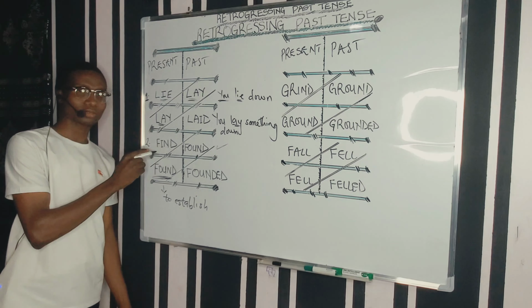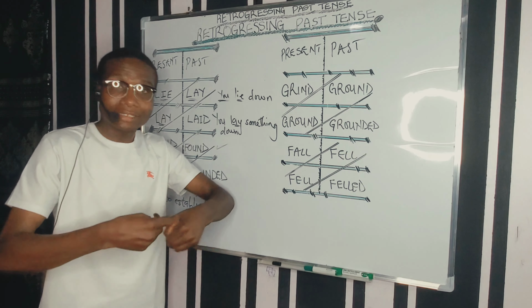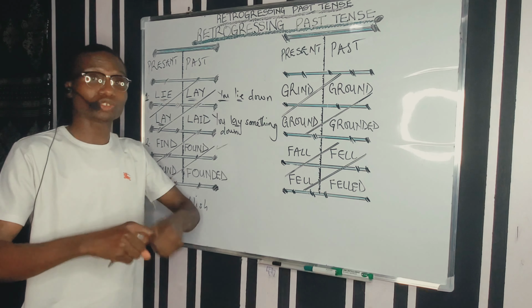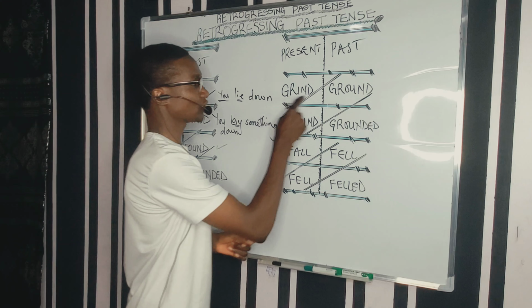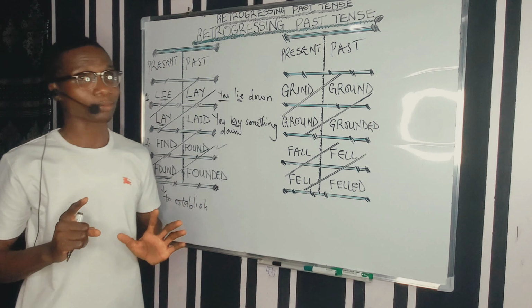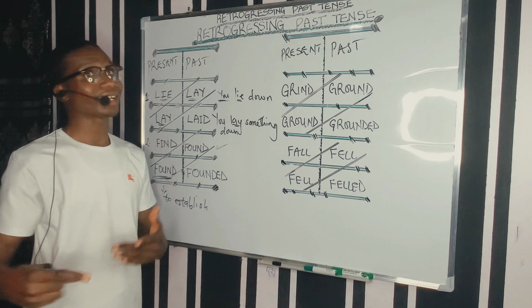Then we'll move on to grind and ground. For grind, you grind something, that means you reduce it to pebbles. You reduce it to the lowest state possible. And then the past tense is ground. A very familiar example most of us know is ground pepper. So it's not grounded pepper, it is ground pepper. You grind the pepper.